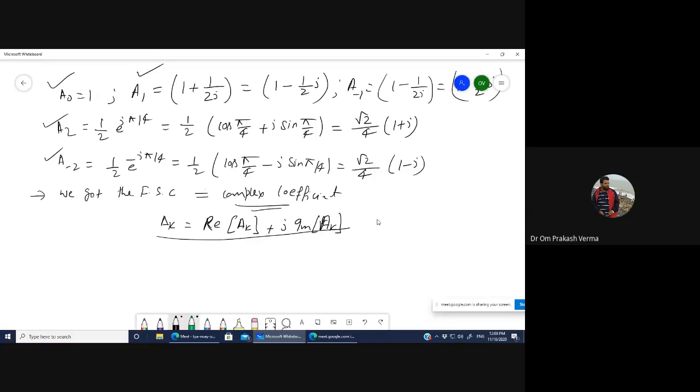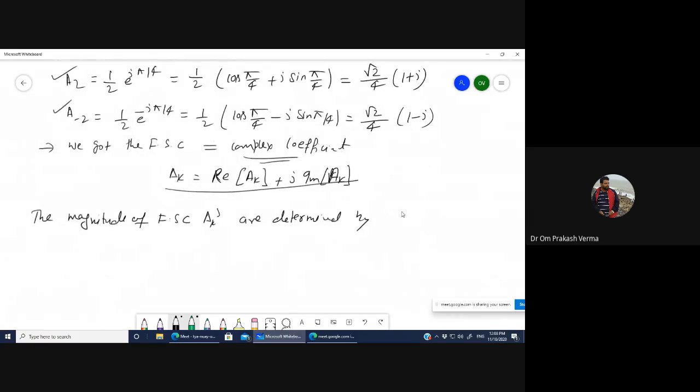The magnitude of the Fourier series coefficients AK is determined by this formula: the real part of AK squared plus the imaginary part of AK squared, under a square root.